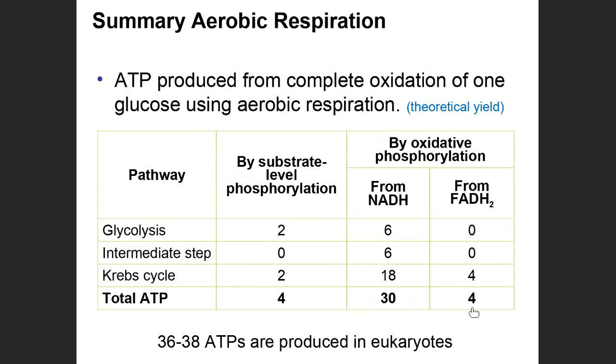Why the difference? NADH and FADH2 are both donating electrons to the transport chain. Why do you only get 2 ATPs from FADH2, but 3 ATPs from NADH? They're both donating electrons, right?